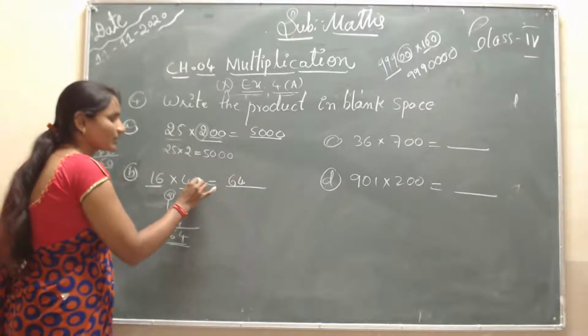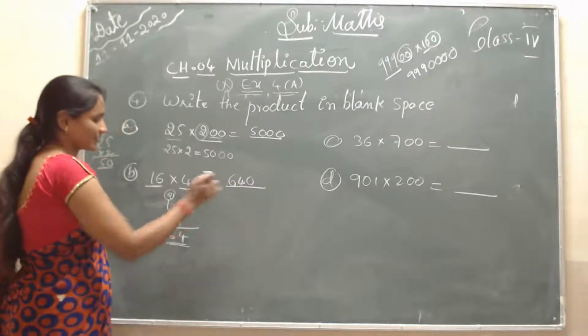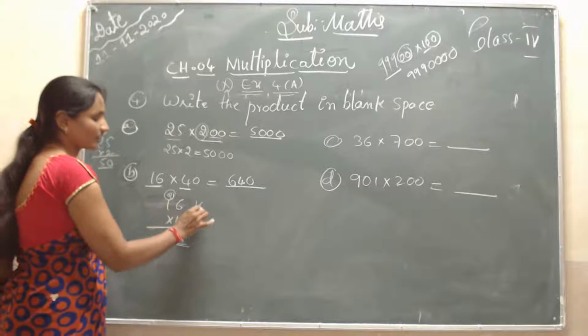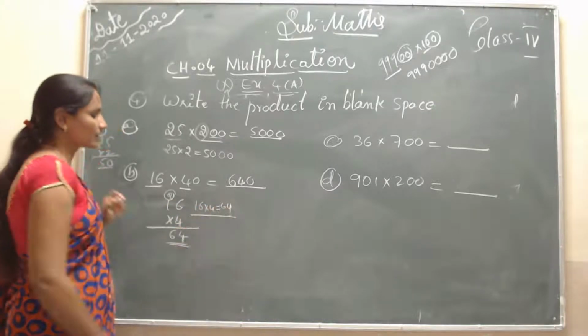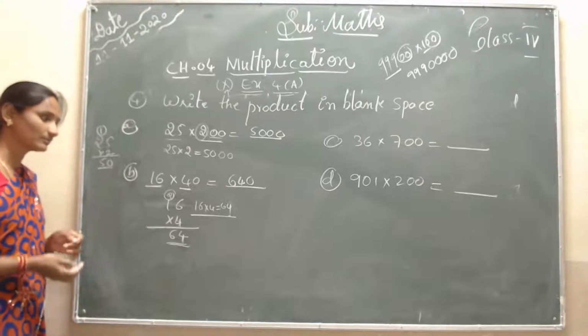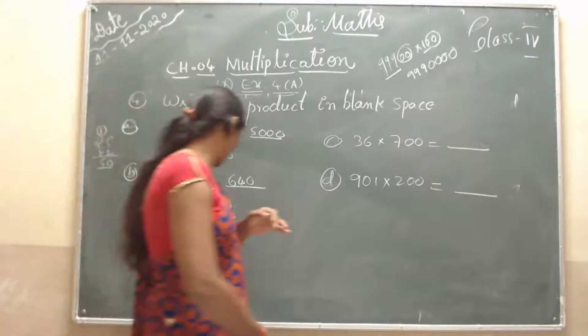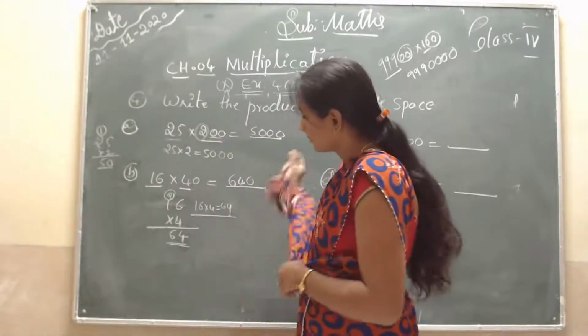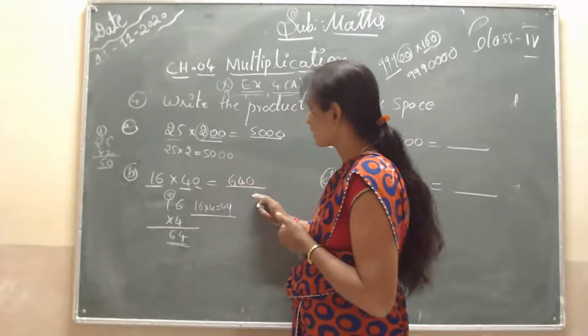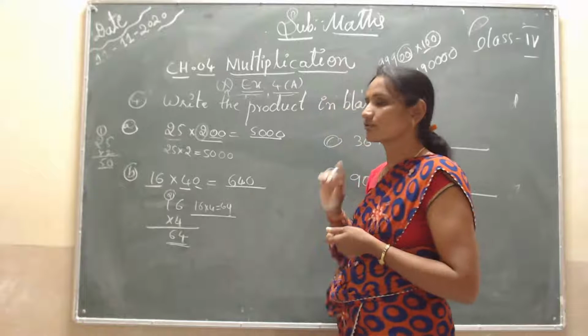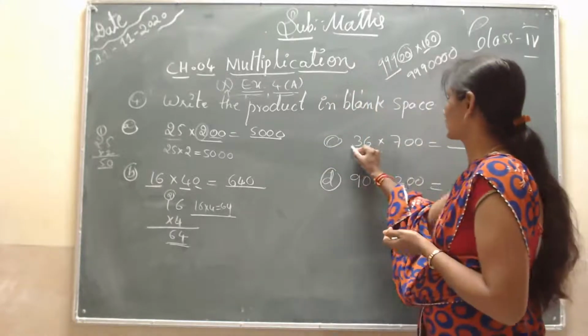But students, you know, this is 0. You have to write the 0. So 16 into 4 is 64, and afterwards what is left here? 1 zero is left. What is the total answer? 640.